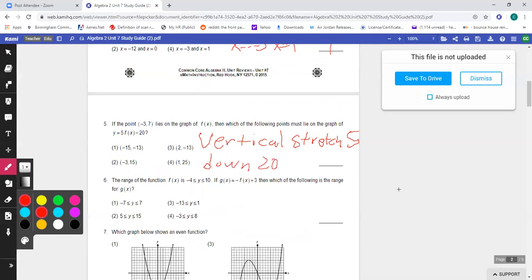So the vertical stretch and the down 20 only affect the y value. So all we do here is -3, 7. If I vertical stretch by 5, it's -3, 35. And then if I go down 20, it's now at -3, 15. Okay, so the answer here is 2.